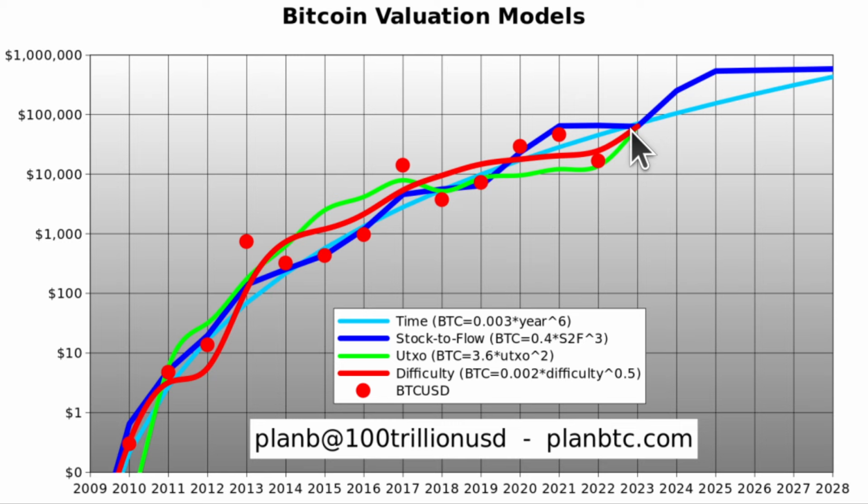Yes, a lot of factors influence the price, not only those four factors. You have all the macro factors like the Fed and the inflation and interest rates and the money supply of the dollar. You have the SEC with their ETF approvals. You have exchanges that go bust like FTX recently.